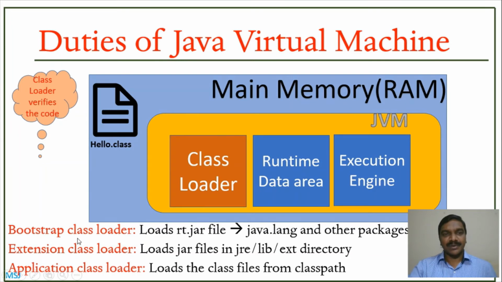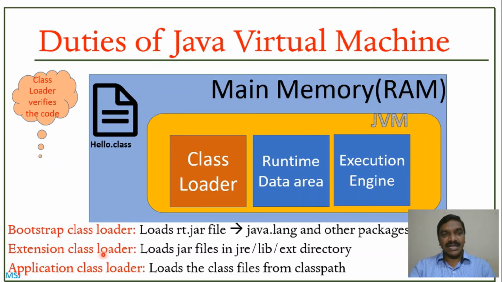One is bootstrap class loader, then extension class loader, application class loader. The bootstrap class loader loads the rt.jar file. This is rt.jar file, runtime Java archive, where the java.lang and some other packages are there.